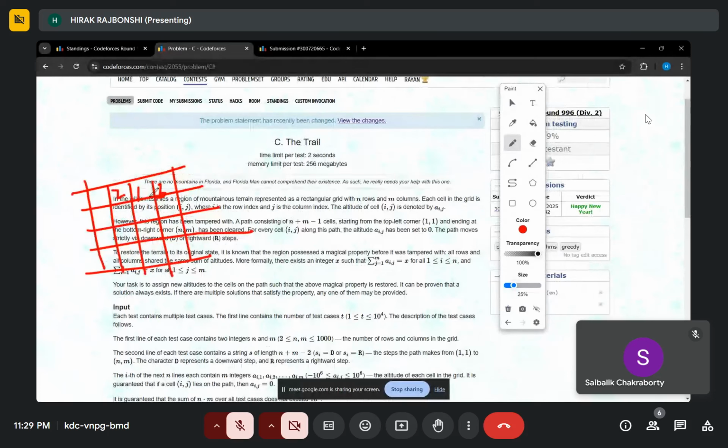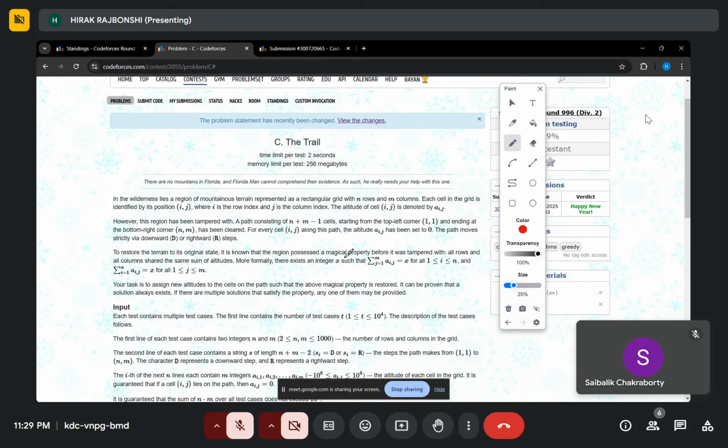There is a path from the top left corner to the bottom right corner, and the path goes only down and right. So the path can be this or this, and it is given that the height of every mountain in this path is 0. So the region has been tampered with. Every mountain which comes under this path has height equal to 0.